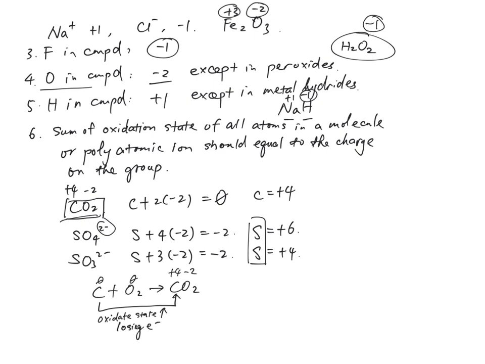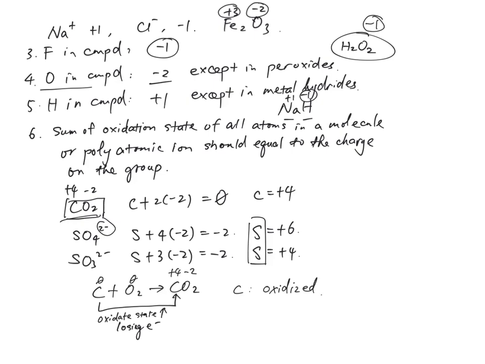Okay? Because electron have negative charge, losing negative charge means gaining positive charge, increase. Okay? And also losing electron means you're going through oxidation.